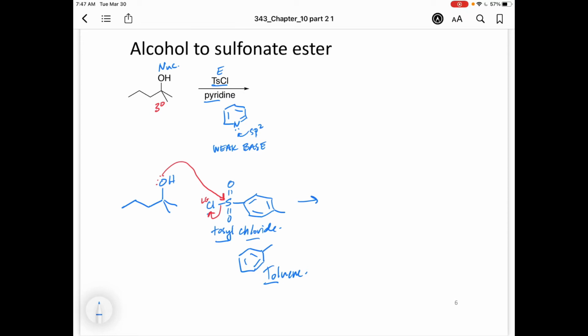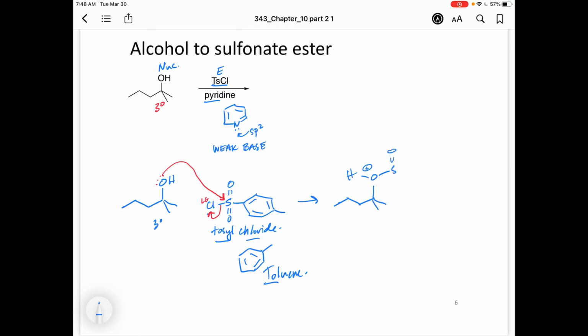This works even though we have a tertiary, and that's because this electrophile is a lot better of an electrophile. Also, it's smaller, it's easier for the alcohol to get in. And we only know this through experimentation, but this is a tried and true method for a tertiary alcohol.